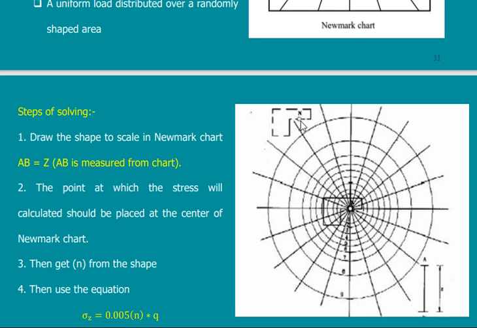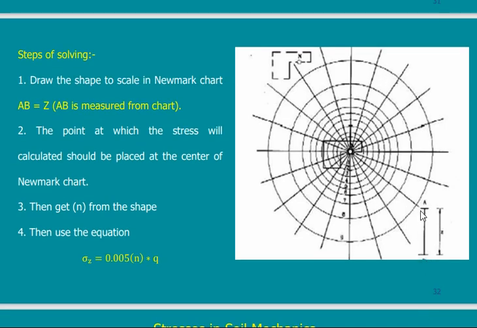So how far below? If I tell you 5 meters below, then I should draw this footing with a scale. What is this scale? This length represents the 5 meters, which is the depth. So if I manage to draw this, I will take the tracing paper and put this point N on this center.